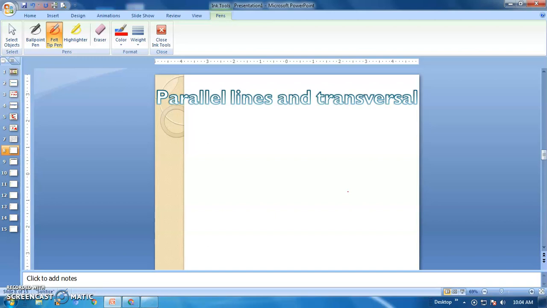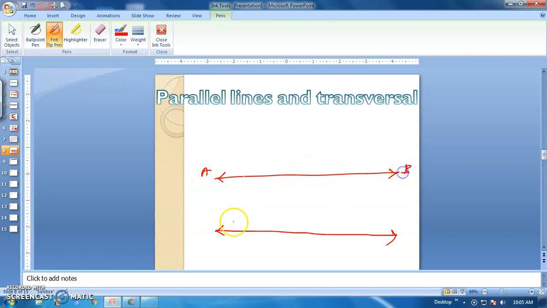We already know what a parallel line is. Suppose two lines are parallel like this. Let us consider these two as parallel lines. I'm just drawing roughly. Let us take this as AB and this one as CD.